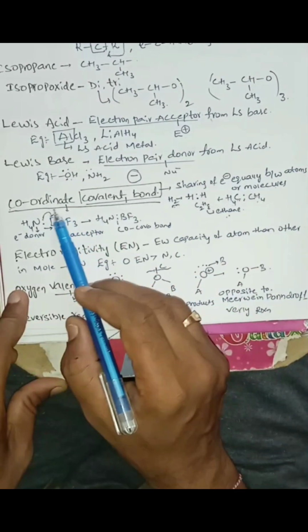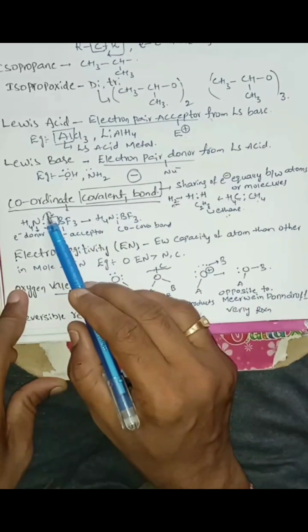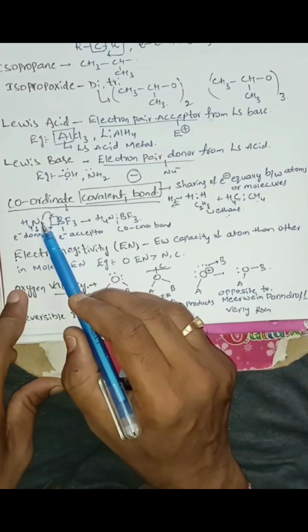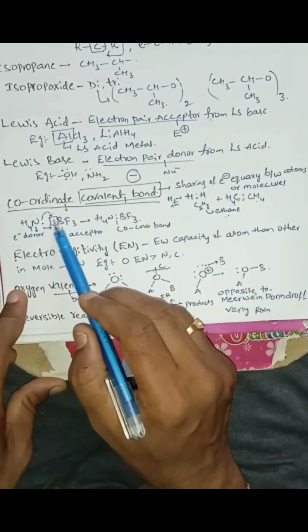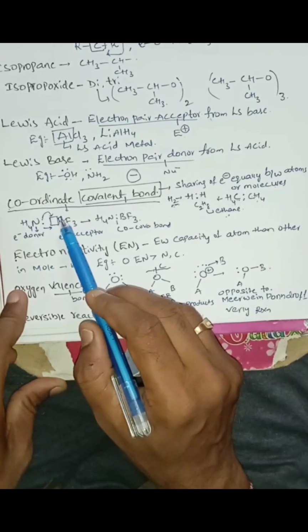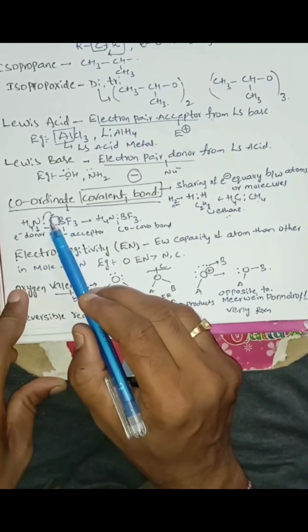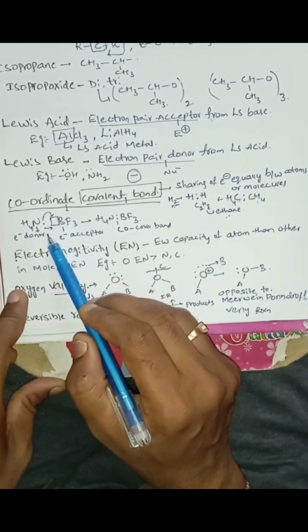In coordinate covalent bonds, one atom of a molecule has an electron pair to donate, and in another molecule the atom has an empty orbital for accepting the electrons from the donor.